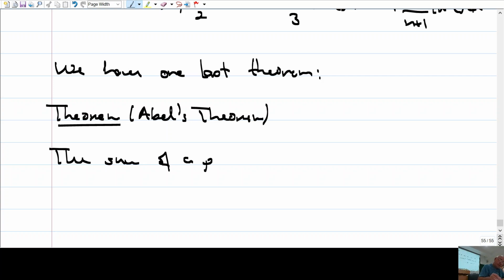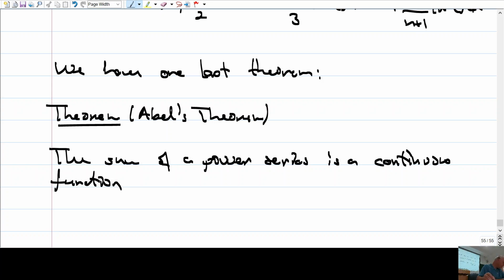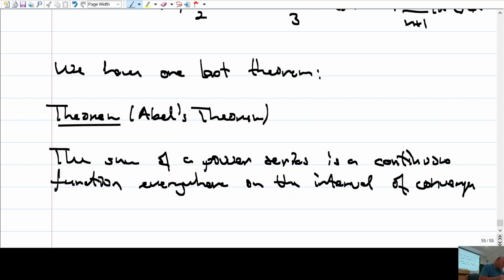The sum of a power series is a continuous function everywhere on the interval of convergence of the series.